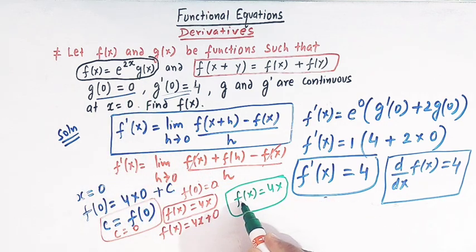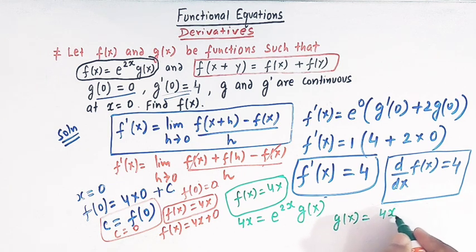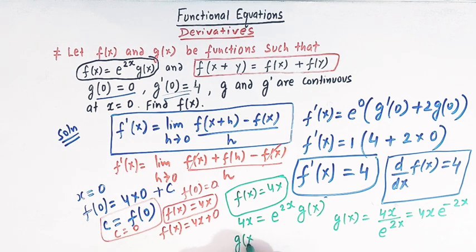Taking f of x in this equation, we have 4x equal to e raised to 2x times g of x. So g of x is equal to 4x divided by e raised to 2x, and this can be written as 4x e raised to minus 2x, right? So the function g of x has the form 4x times e raised to minus 2x, right?